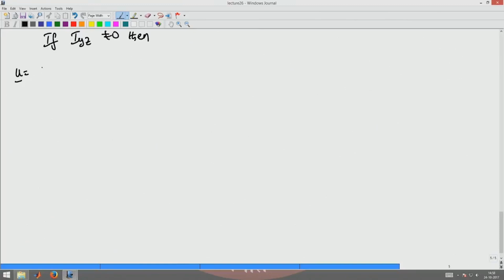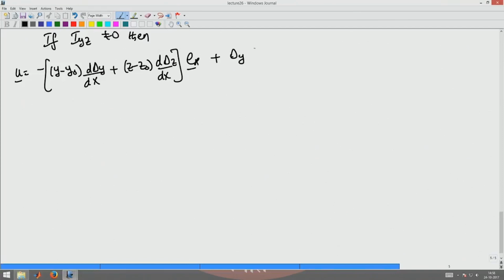u in general given by minus y minus y naught d delta y by dx plus z minus z naught d delta z by dx, Ex plus delta y function of x Ey plus delta z function of x Ez.